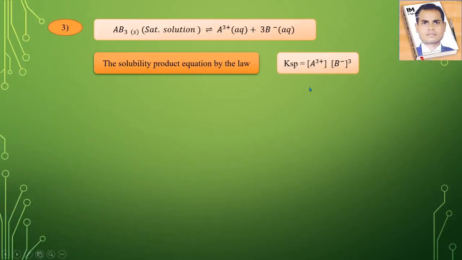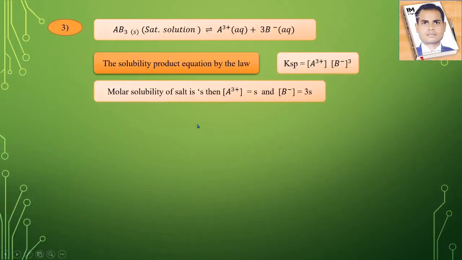Let the molar solubility of salt be S. Then in bracket A3 plus is equal to S and in bracket B minus is equal to 3S. You will see the numbers are increasing here, so the number of S will increase.